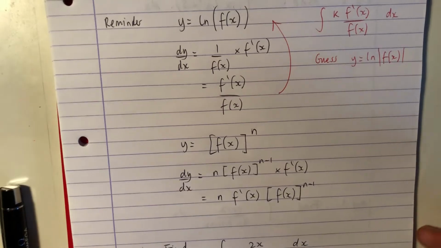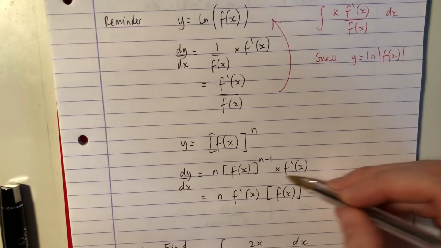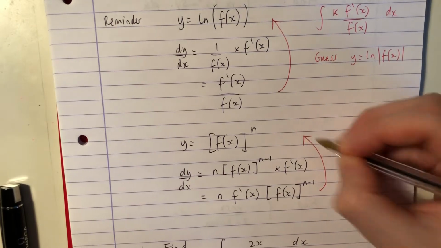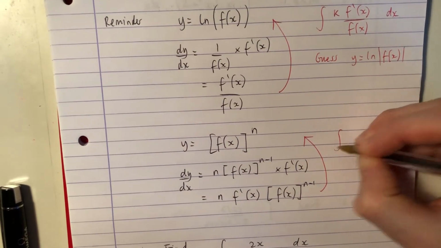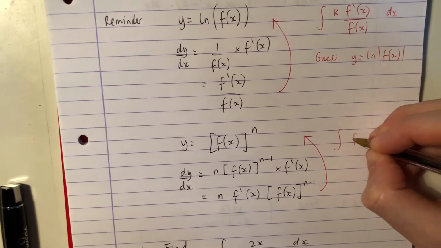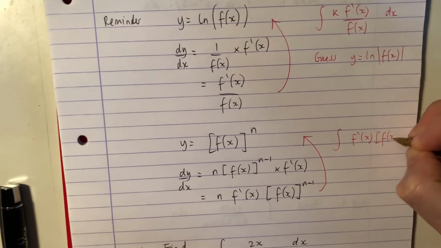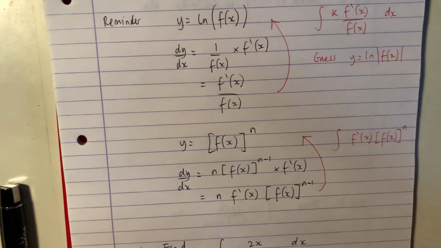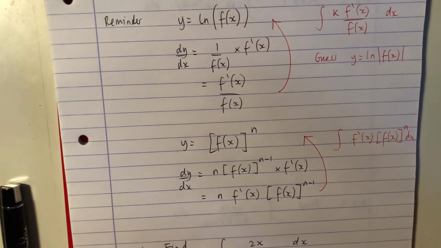And again, today, I'm going to be asking you to differentiate this, integrate this, and go in the opposite direction. So you have to spot stuff like f dashed of x and an f of x to the power of something. I'll just put a power of n there, dx.